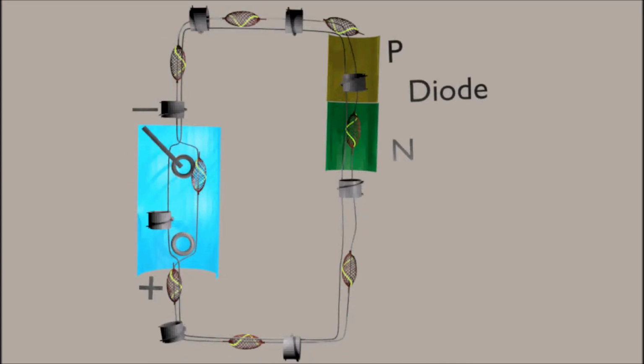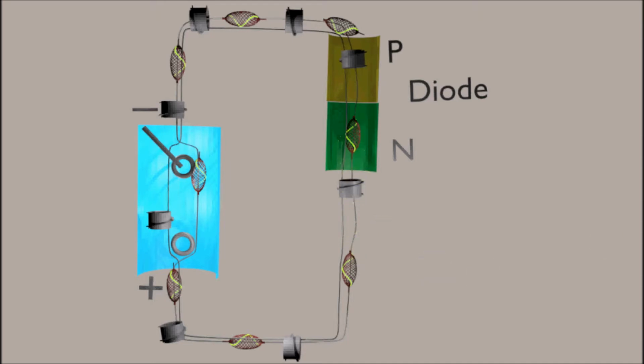But here we have a different arrangement. I've switched the polarity. So we've got the negative here, so we've got an electron going into the positive part of the diode, and we've got a positive hole entering the negative part of the diode. Well, the problem here is these attract. And also these attract.